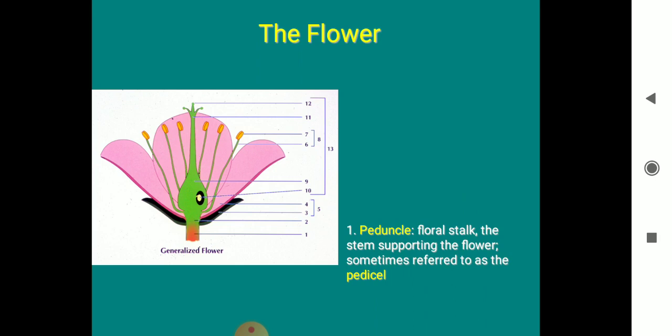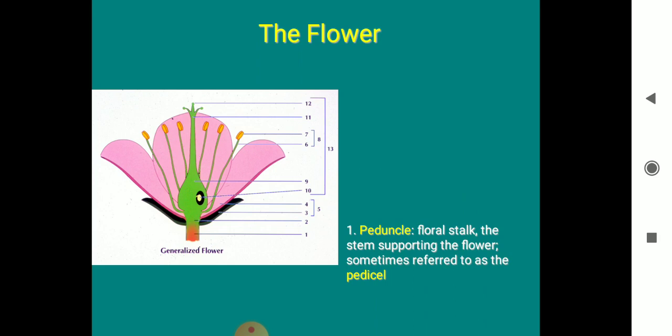Usually the first part of the flower, the outermost part, is the stalk of the flower. If the flower has a stalk, it is called a pedicel, and the flower is called a pedicellate flower. If it is absent, then it is called a sessile flower.